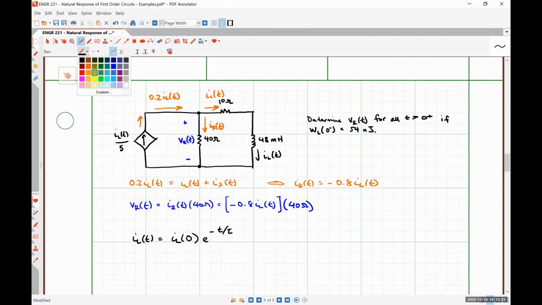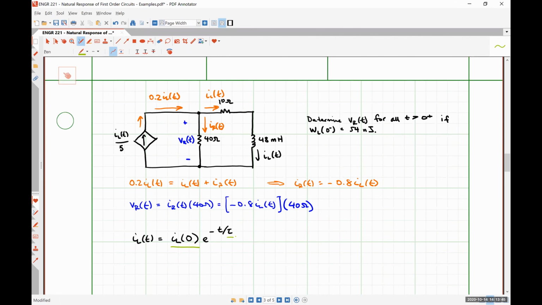So the inductor current is very well behaved. I just need to figure out what its value is at t is equal to 0, and then what the time constant is for the circuit, and I have enough information to figure out what's going on with that resistor voltage. So I've just broken this problem down into digestible steps to get my final answer.